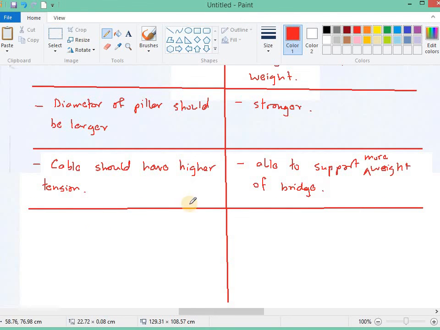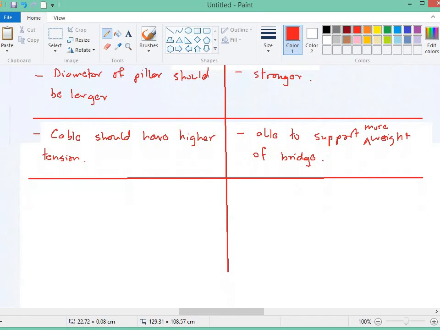Okay, can we say another thing about the cable or not? The angle, maybe the angle of the cable. So what should the angle be? It is like the gradient, or you can say the gradient of the cable. Should the gradient be higher or should it be lower?